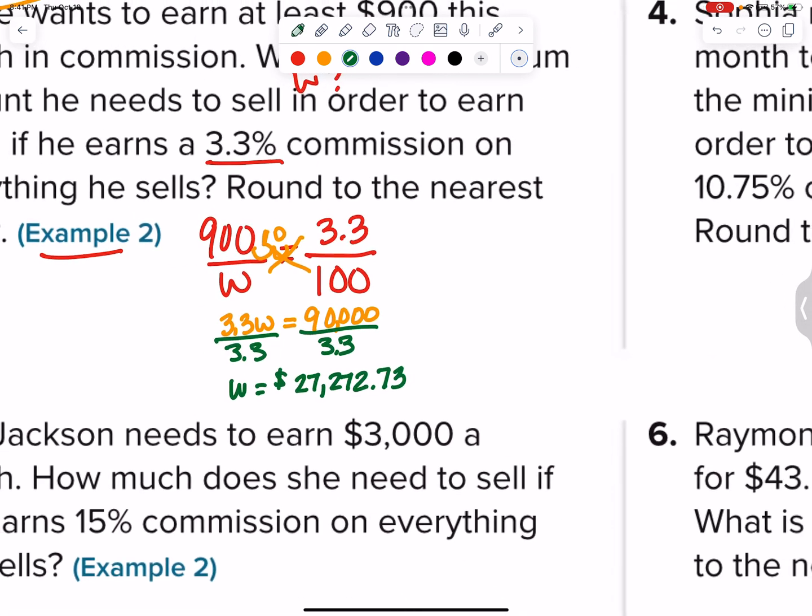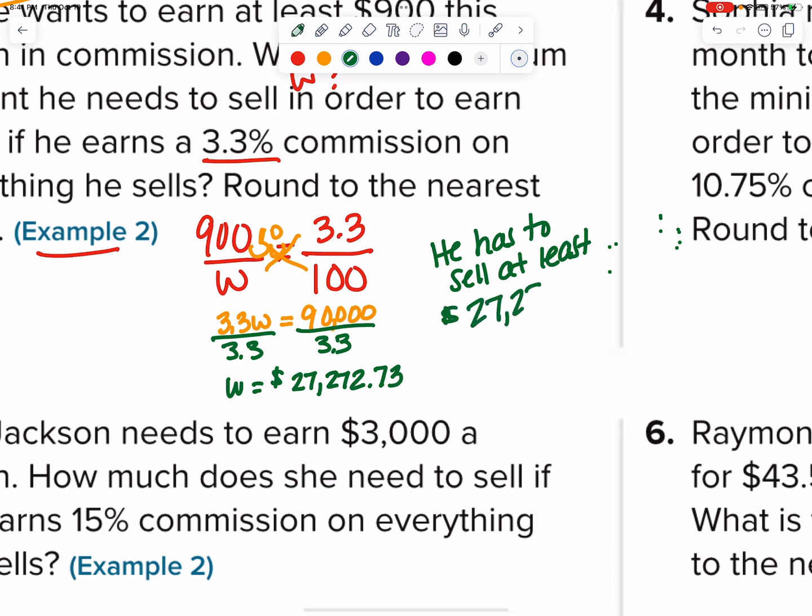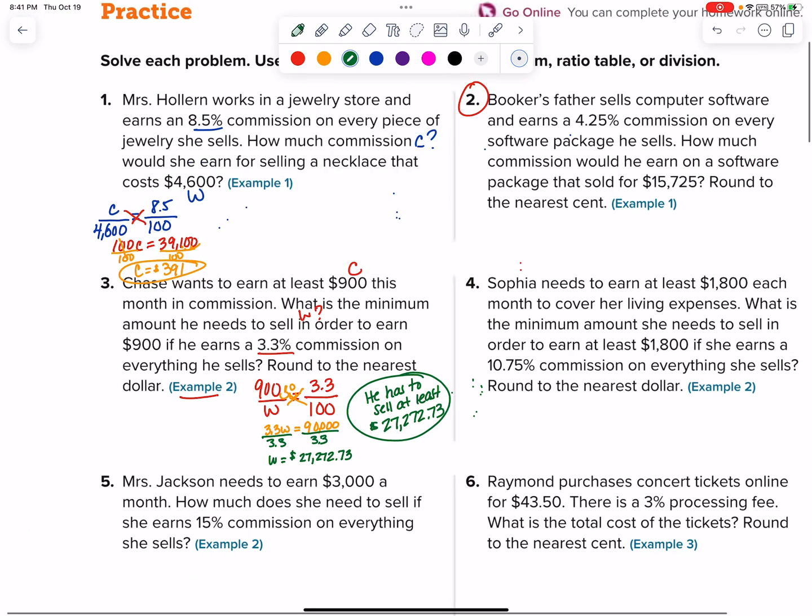So in order to earn $900, he has to sell at least $27,272.73 in order to earn $900 in commission.